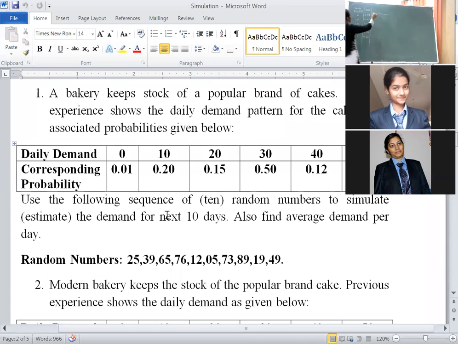Then here CP, that means cumulative probability, we have to calculate. I told you how to calculate cumulative frequency; it works the same way. Consider class intervals of marks with corresponding frequency: 0 to 10, 5 students; 10 to 20, 8 students; 20 to 30, 7 students; 30 to 40, 6 students.